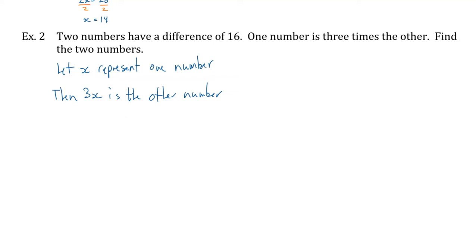This is a little bit tricky, but for the most part, I'm not going to try to trick you or anything like that. So hopefully it'll be straightforward, but which one's bigger, x or 3x? 3x. 3x is bigger. So I'm going to do the bigger one minus the smaller one is 16. So you might have to think about which one you're subtracting from the other.